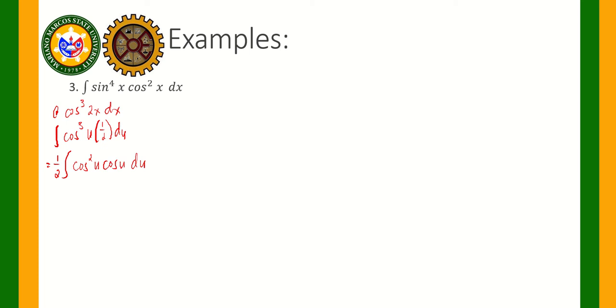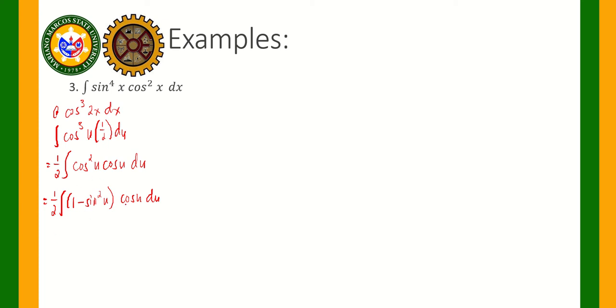And then, gagawin natin dito sa part na to is to substitute yung identity niya, which is 1 minus sine squared u times cosine u du. Okay, so tama. In this part, we use case number 2. That's why ito yung sinubstitute natin kay cosine squared u.